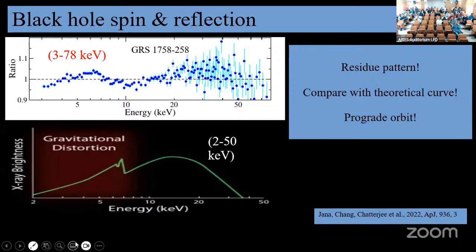So that's why I'm saying that I would not go for this as ACD. This is only ACD for iron with reflection and gravitational broadening. There is no Comptonization. If you put Comptonization on top, then it will be ACD. So right now, this comparison suits with the ratio.